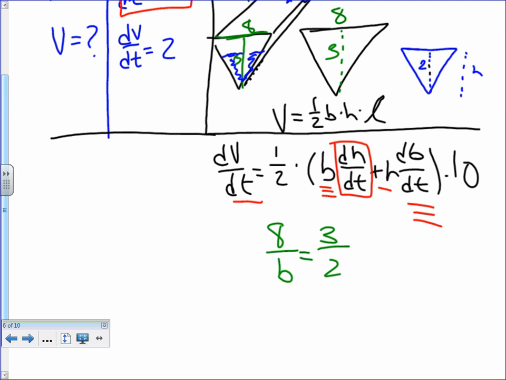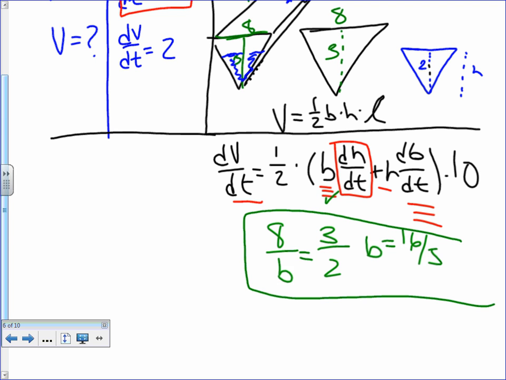We solve this, and we get 16 equals 3B, so B equals 16 thirds. So we've got B. Check. I'm going to put this in its own little box.